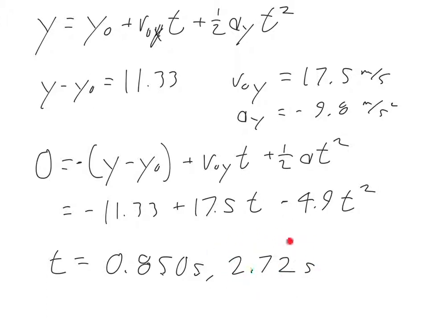Now, after this time, the ball is only going to be below the Green Monster. So this is the time we should look at and see, does it actually go far enough in that time? Will it have enough displacement in the x direction that it is beyond the Green Monster?